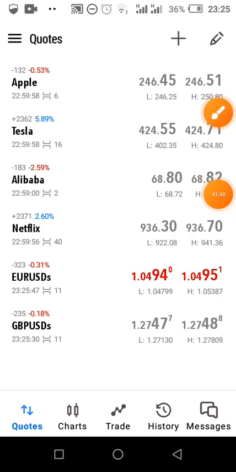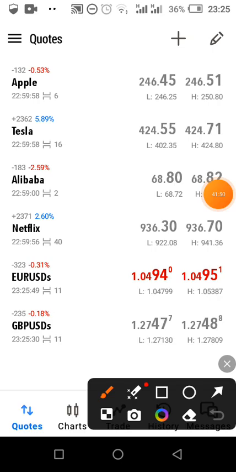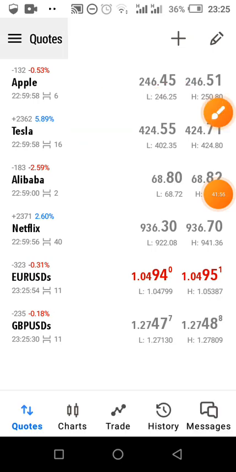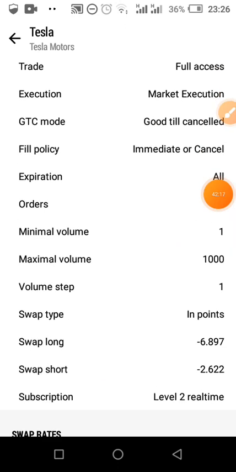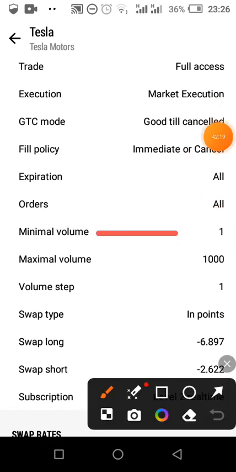And then also, for stocks, it may also be the same. And since XS now is B-booking, which would not connect you to the real market unless later on they see that you are a profitable trader, brokers which are B-booking for stocks may offer a smaller minimum lot size, although for XS they still offer a minimum lot size of 1.